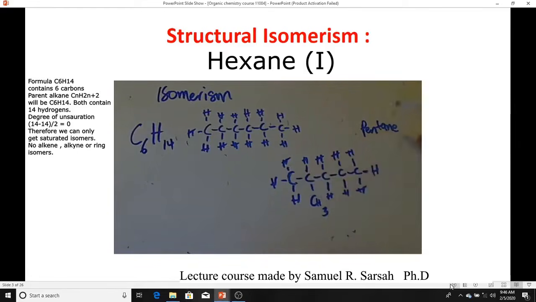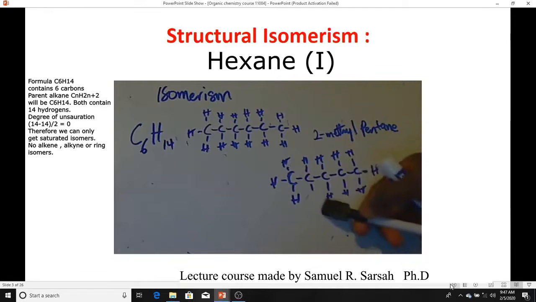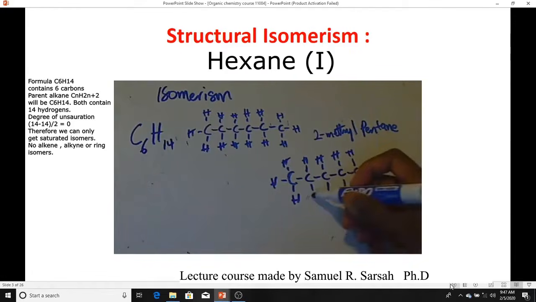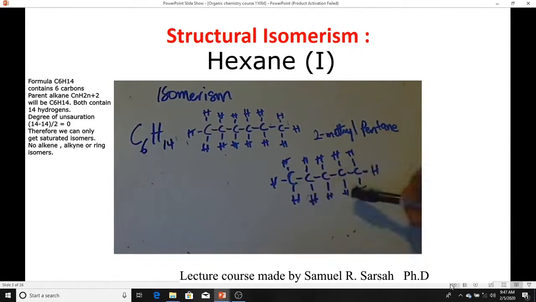So this is 2-methylpentane. The same name will apply if this methyl group wasn't here but was here, the name will still be the same.